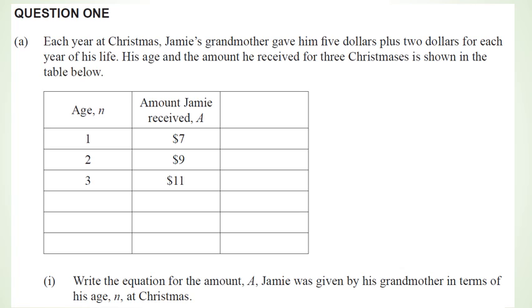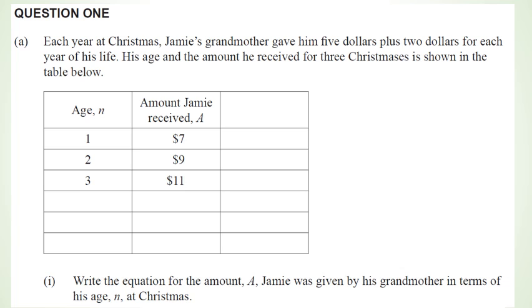So with the first question here, what have we got? Jamie's grandmother gives him $5 plus $2 for each year of his life. There's a table, and we've got to write the equation for the amount Jamie was given by his grandmother in terms of his age n. So the best way to do this is just having a look at the amount of money Jamie is receiving.